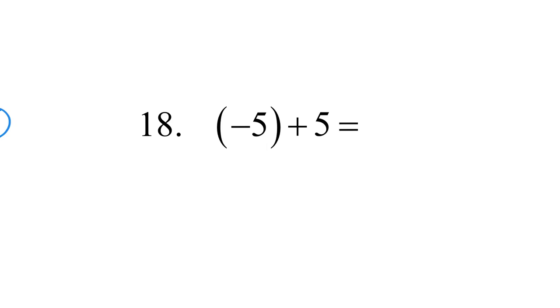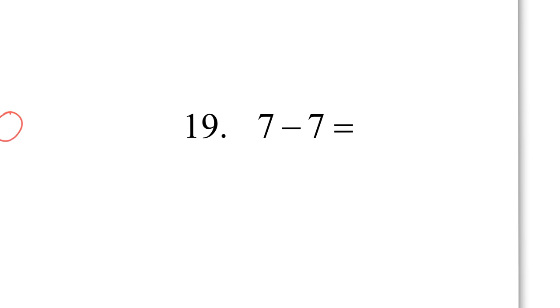So notice the one inside the parentheses, it's a negative. The one outside, plus 5, is positive. Negative 5 plus 5, they have different signs. Subtract the numbers, 5 minus 5, 0, right? Not negative, not positive, because it's neutral. So every time you add those two additive inverses, you have the answer equal to 0.